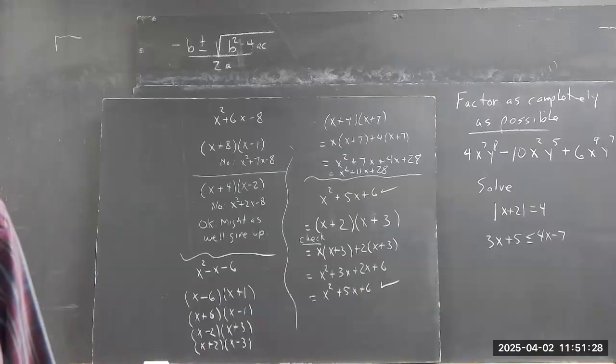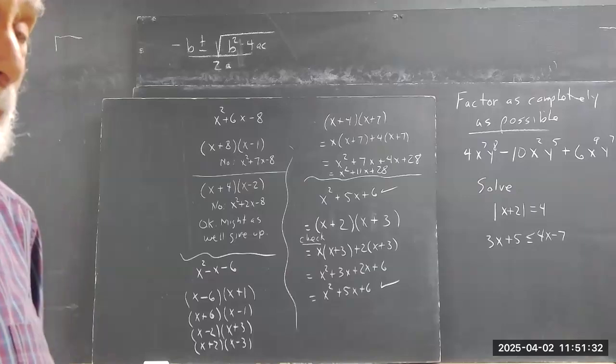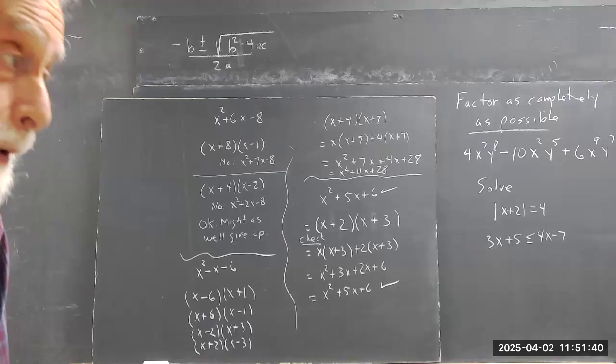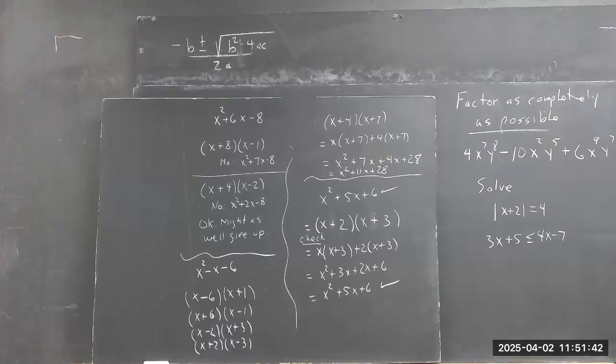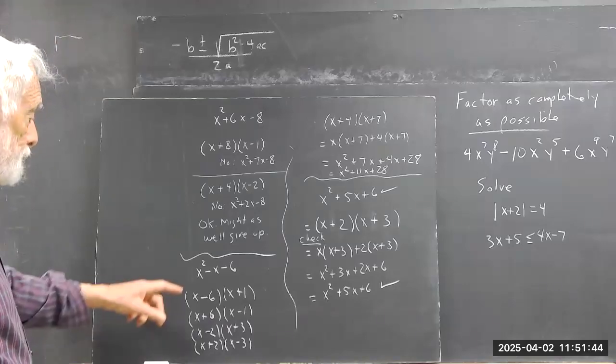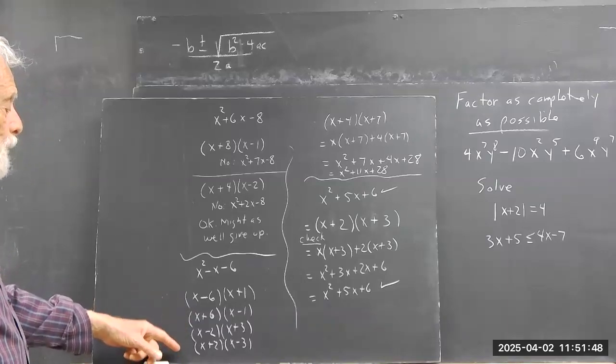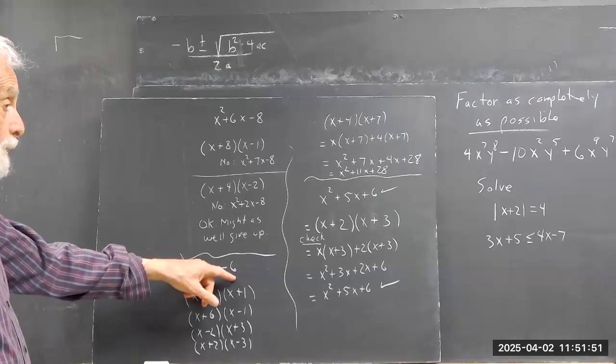And they're the only four possibilities if we're going to factor this thing with integers. Okay? Because we're not going to try to factor these things with fractions. There's an easy way to factor using the quadratic formula. But that's overkill. Okay? But in some cases, it's necessary. So these are the ways that we check out to see whether this works.